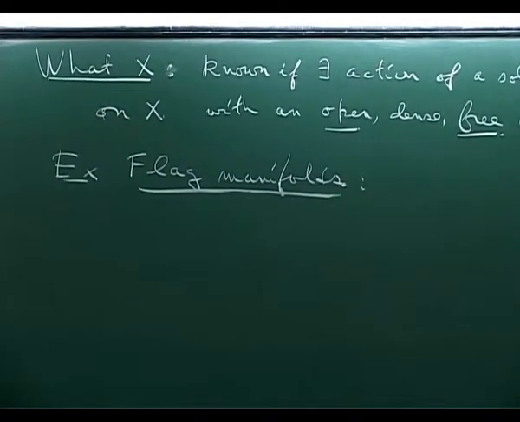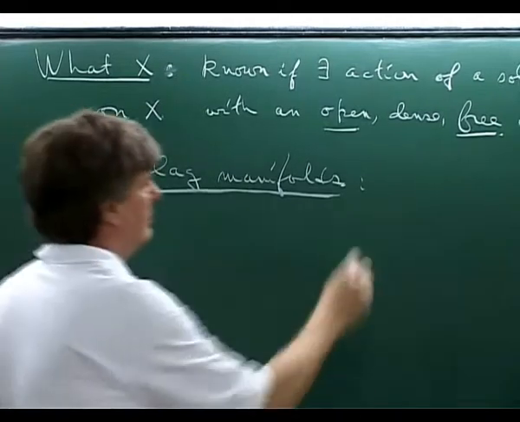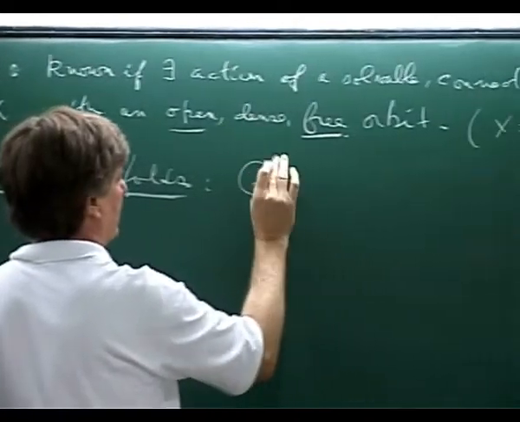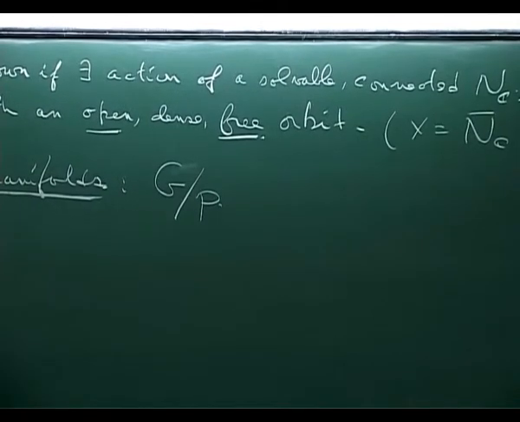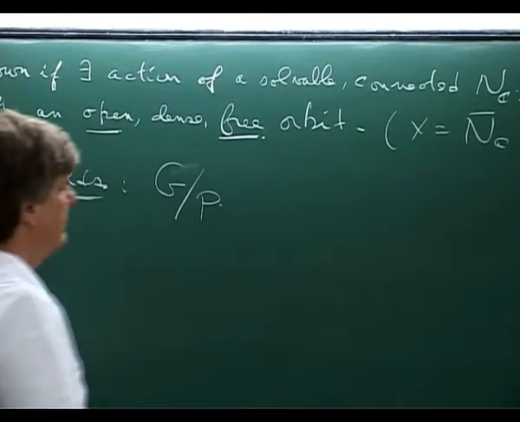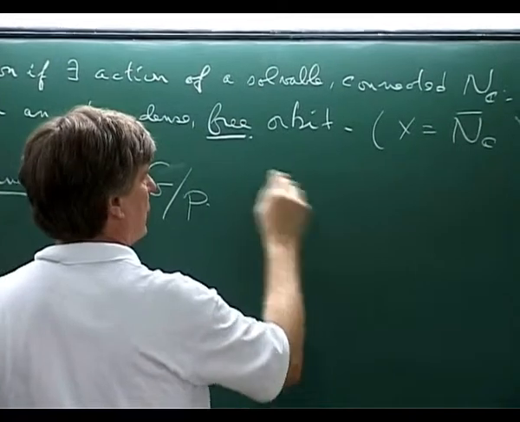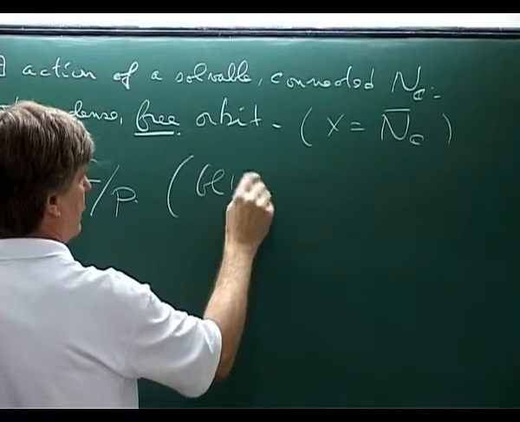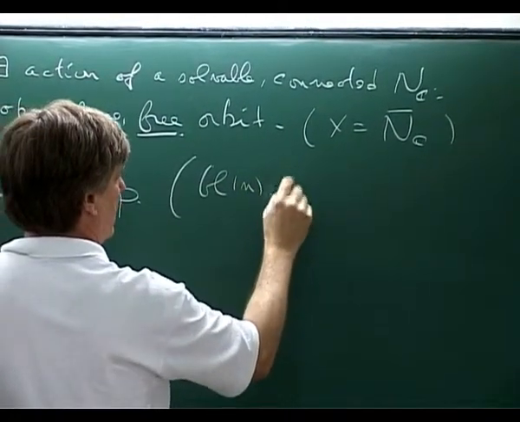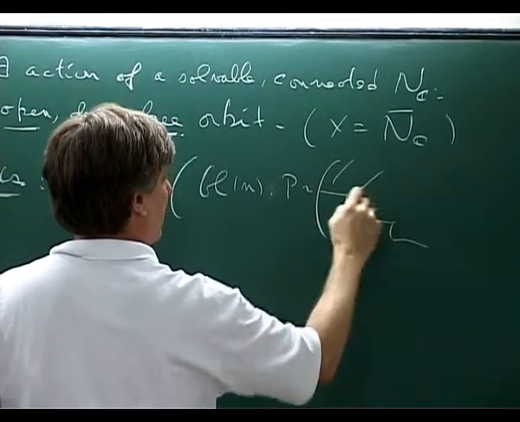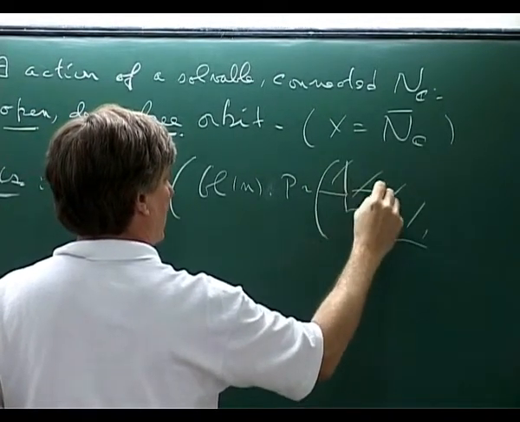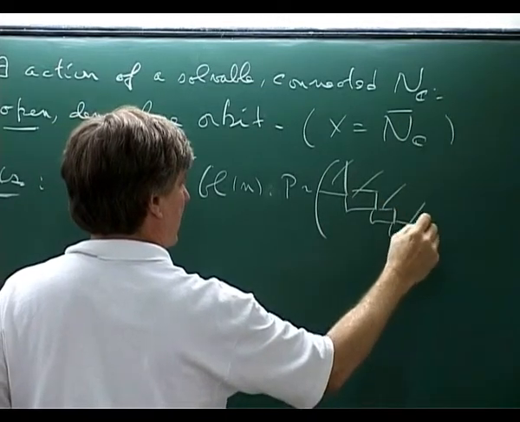Okay, so you take a reductive group and you quotient by a parabolic. So for GLN, P is basically something that's block upper triangular.